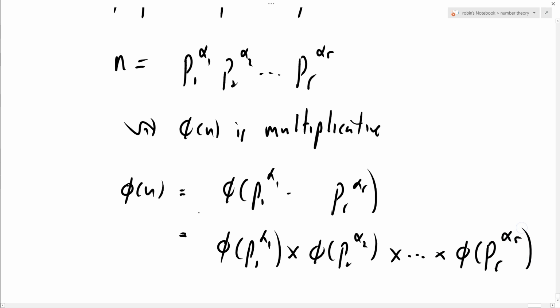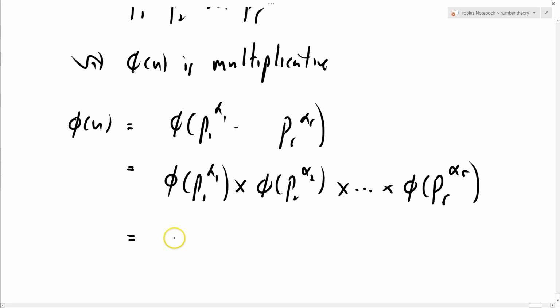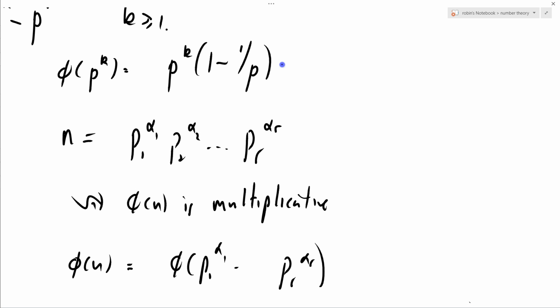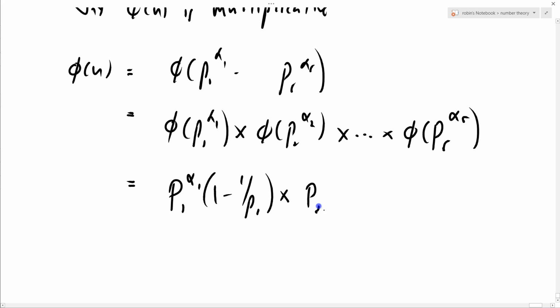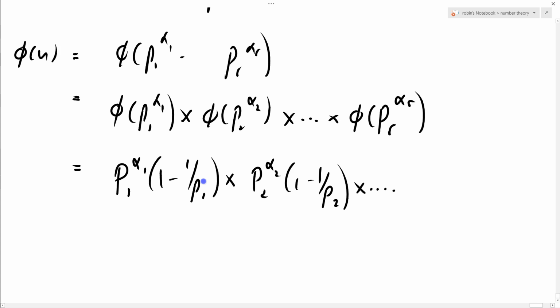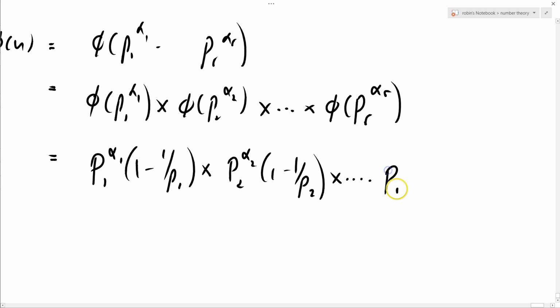to the power alpha r, which equals p1 to the alpha 1, 1 minus 1 over p1, times, all I'm doing is using that formula up here, p2 to the alpha 2, 1 minus 1 over p2, times all the way up to pr to the alpha r, 1 minus 1 over p subscript r.